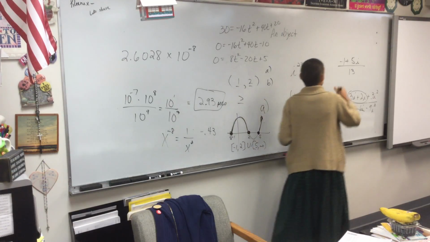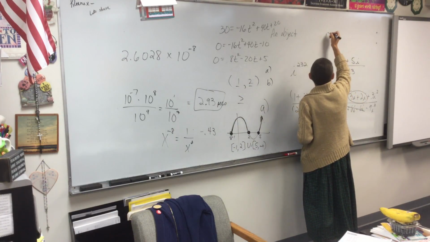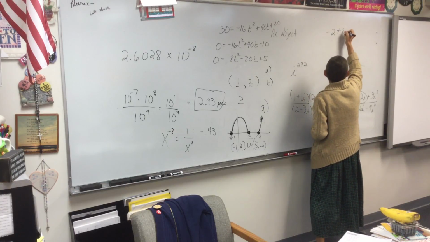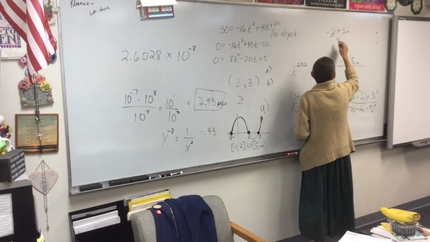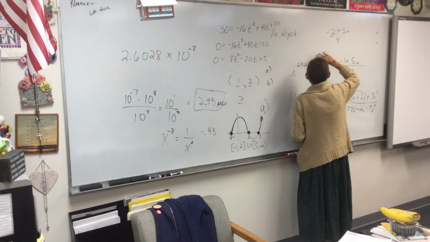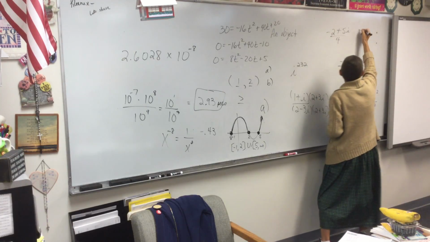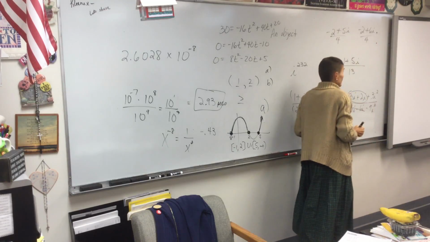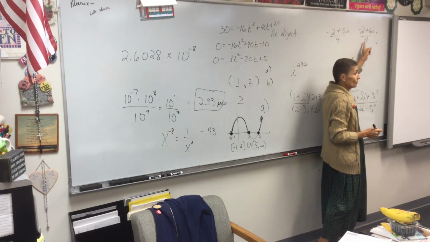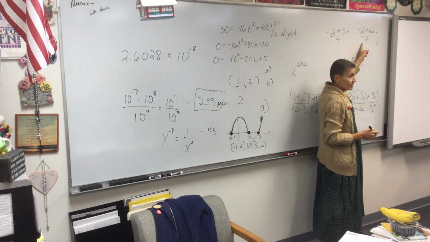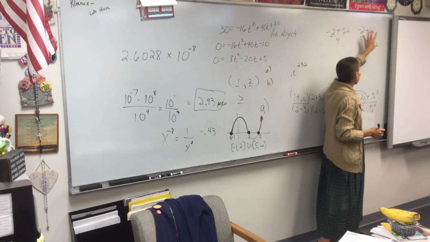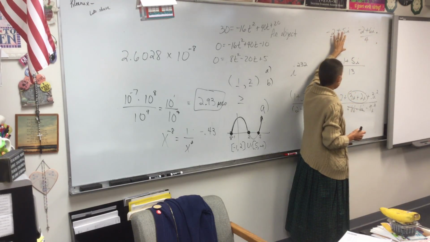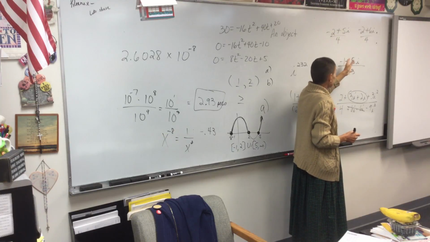Remember, if it had been something like -2 plus 5I over 4, even though 2 goes into 4, you still cannot cancel. The only way you could cancel is if it looked like this. Because now you can take a 2 out of everything, right? So that one would reduce. This does not reduce, and obviously that one doesn't reduce.